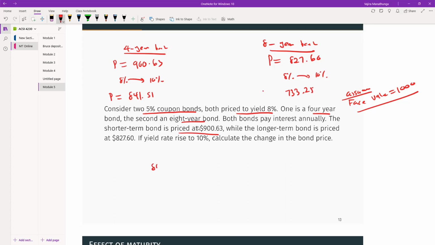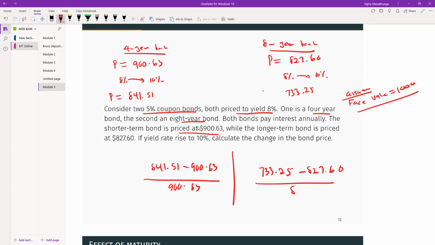So here you can see 841.51 minus 963 divided by 963. Then here the other side, 733.25 minus 827.60 divided by 827.60. So let's get the percentage.